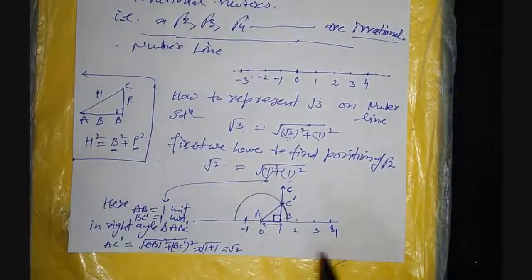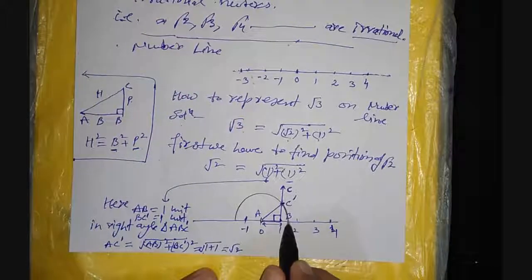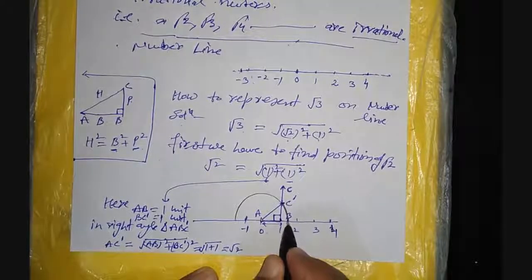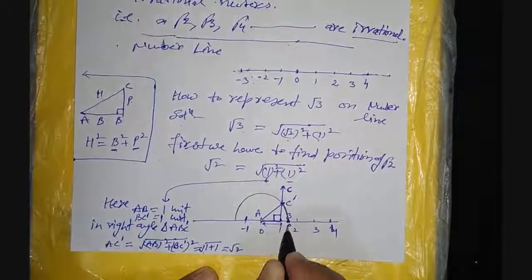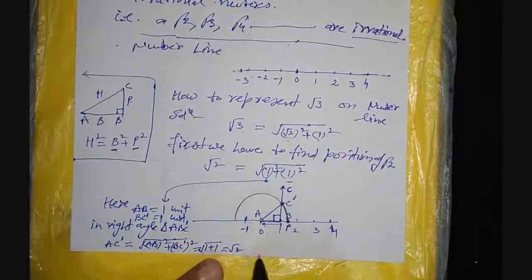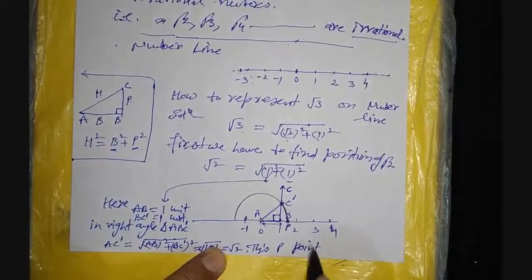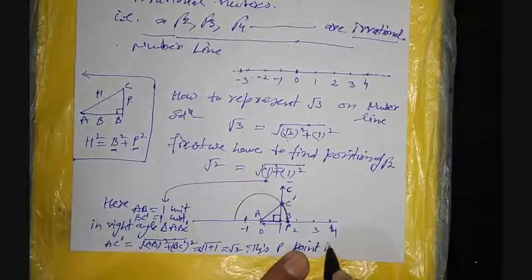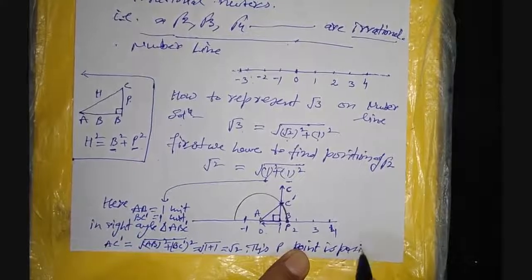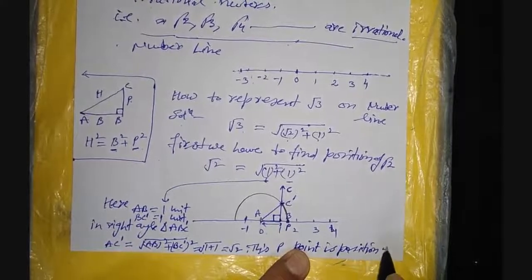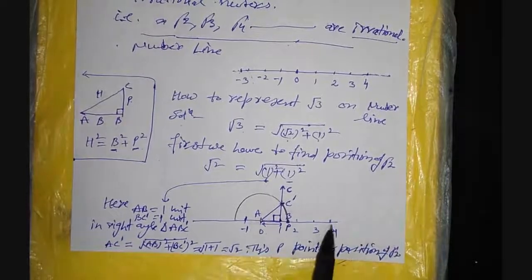As we see, this semicircle's circumference intersects this at the point you can take as P. This P point is the position of root 2 on this number line.